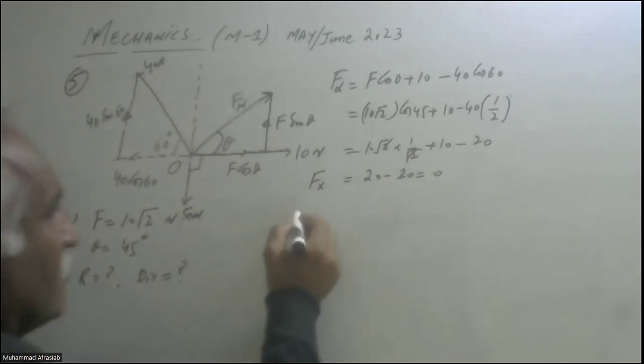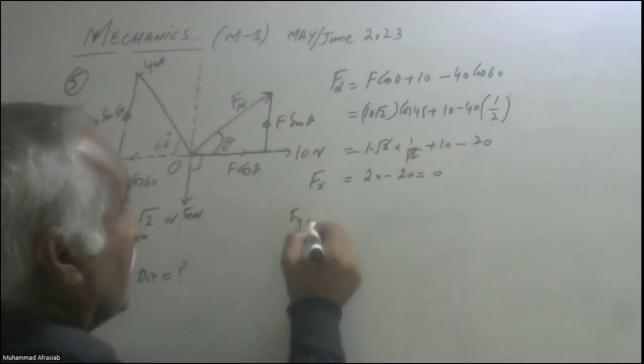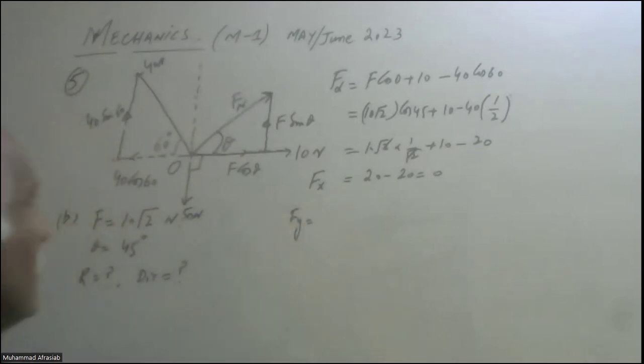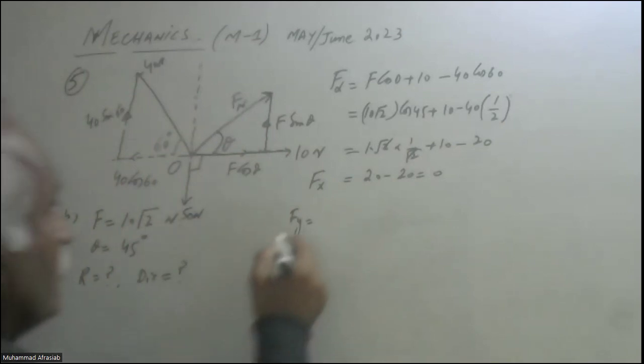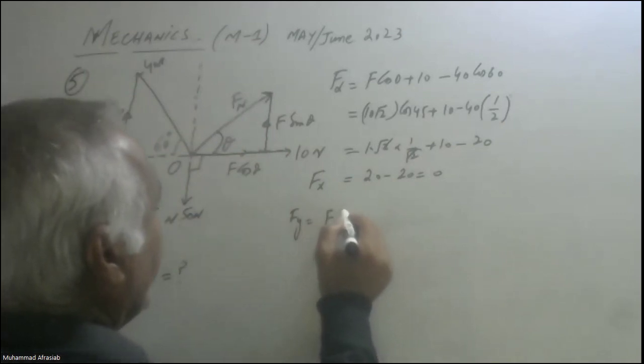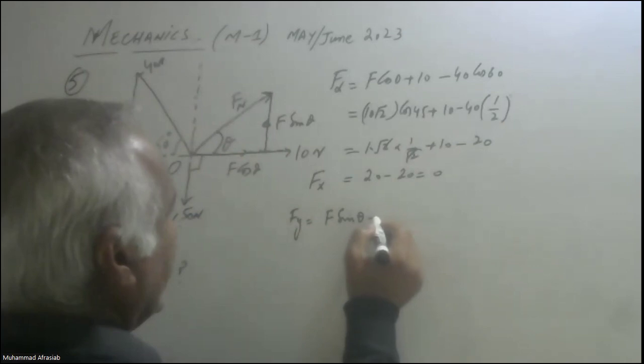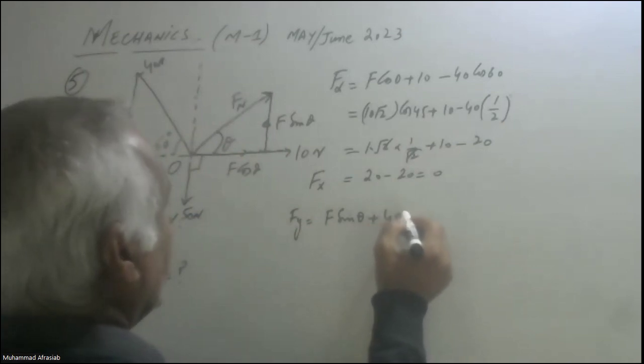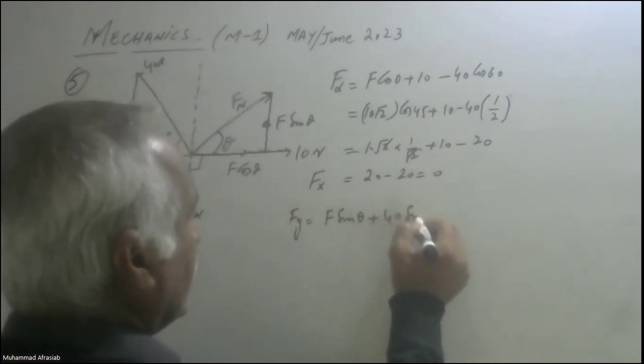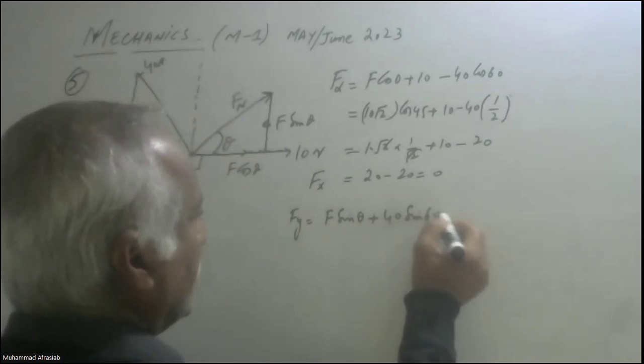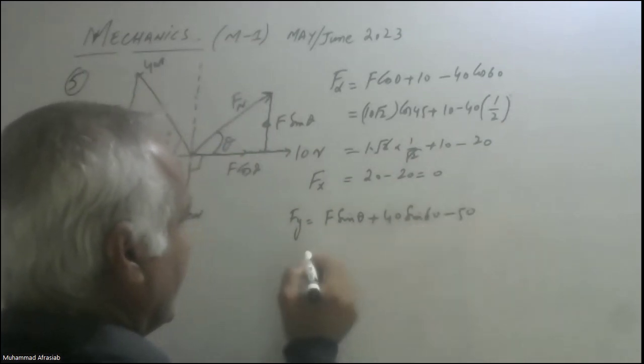Now you can find Fy, which contains all the vertical components. It should be equal to F sine theta plus 40 sine 60 minus 50.